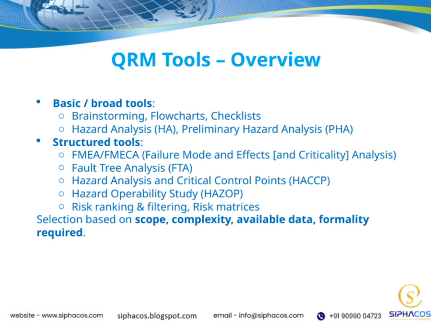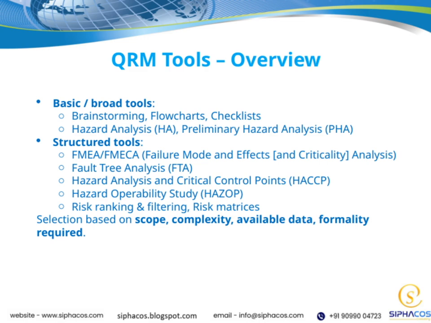Then there's HACCP, which is widely used in food safety, but also applicable in other industries to identify critical control points where hazards can be managed effectively. HAZOP, or Hazard and Operability Study, systematically examines processes to identify deviations from normal operation that could lead to hazards.